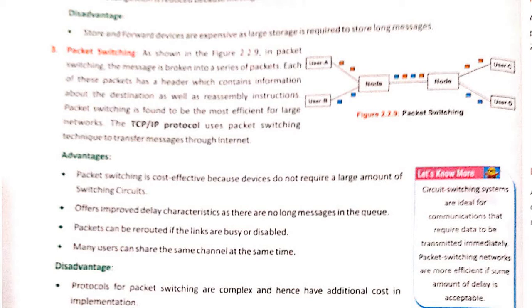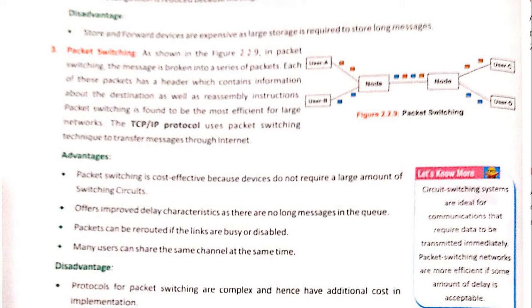For example, when you buy a 2 GB memory chip, it is cheaper, and when you buy a 16 or 32 or 64 GB chip, it costs too much. Now what is packet switching?